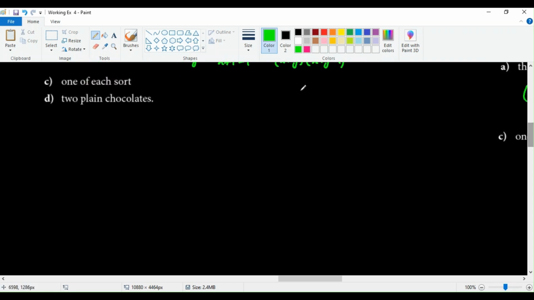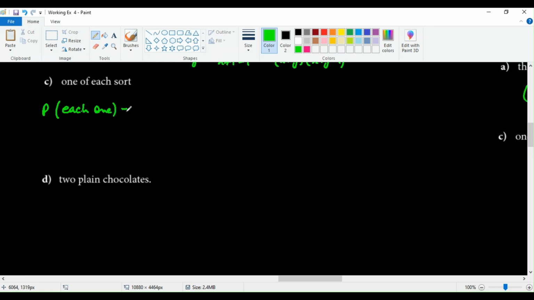Next comes each one of each sort. So in here, I'll make little space here. Okay, for part C, probability of having each one.